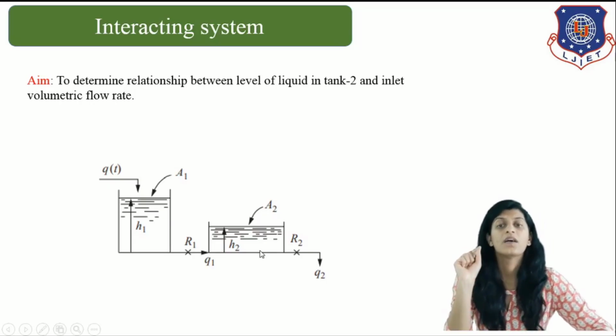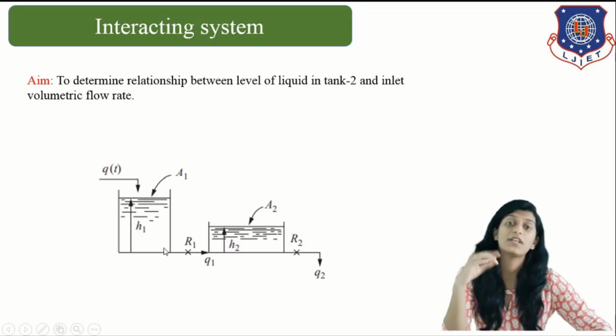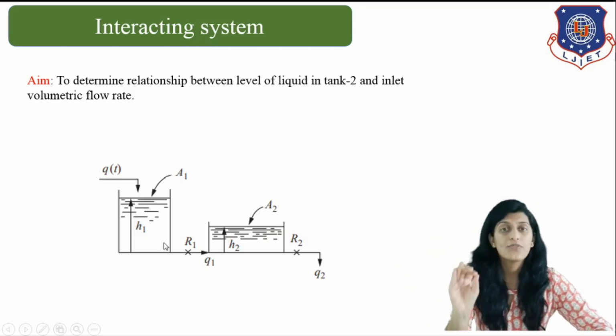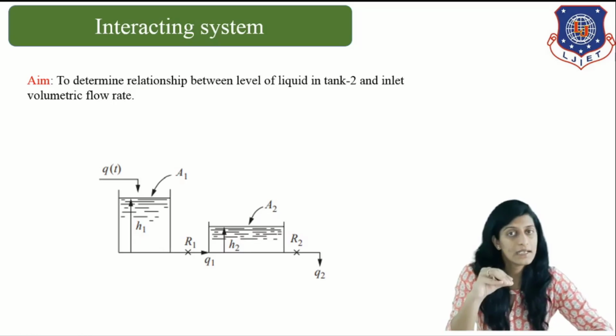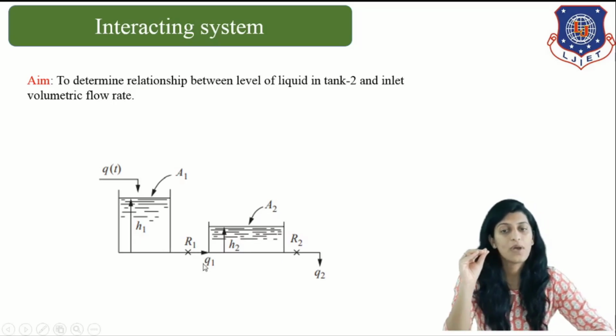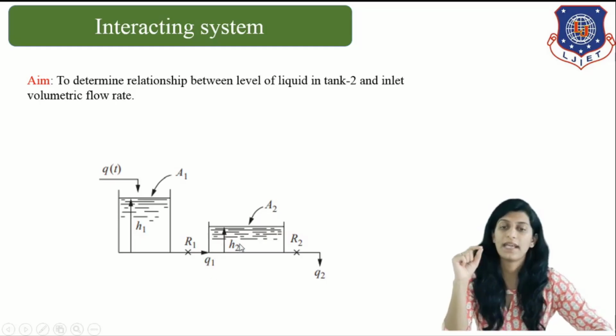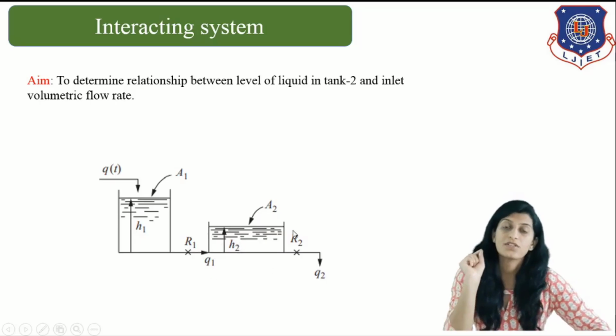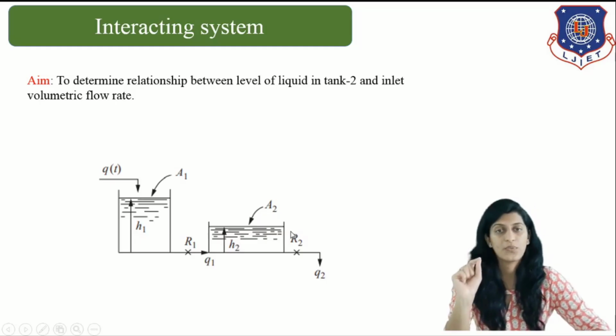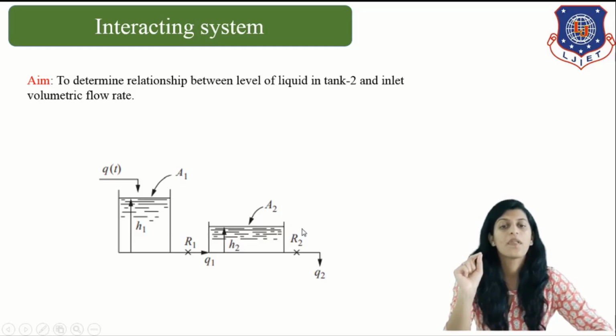Now in the second tank, Q1, which was outlet for tank number 1, serves as the input or inlet for tank number 2. As you can see here, it is serving as an inlet for tank number 2. H2 is hold up volume of liquid inside the tank 2.